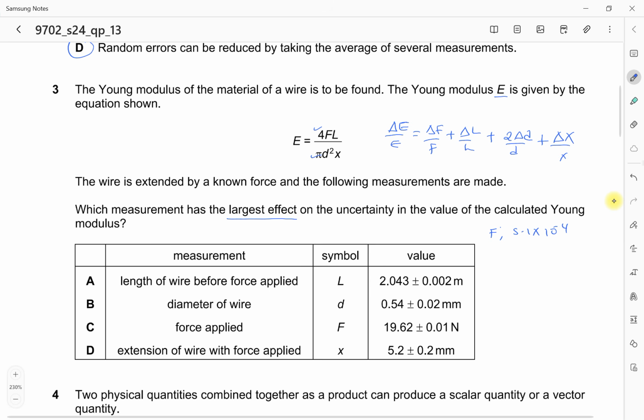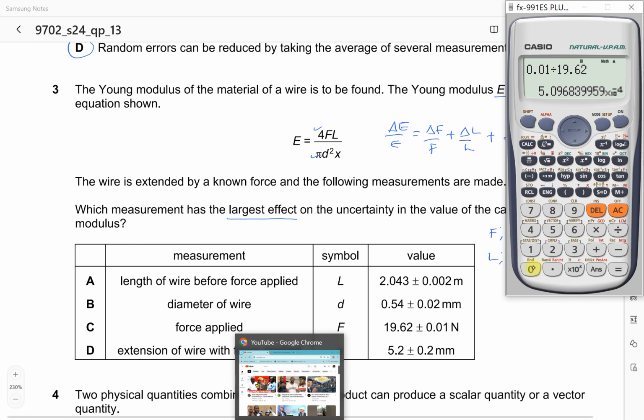That is the fractional uncertainty. Then for L, the effect on the absolute uncertainty for E is going to be 0.002 divided by 2.04.